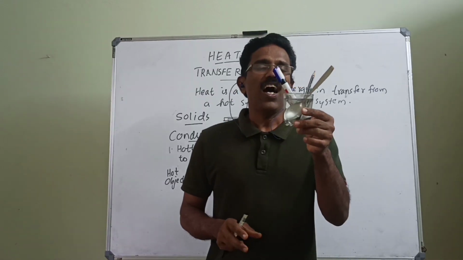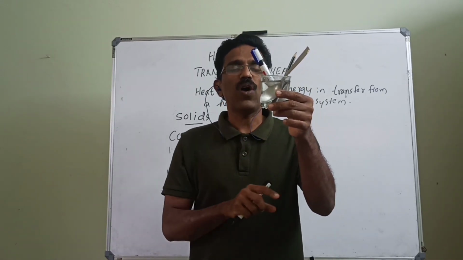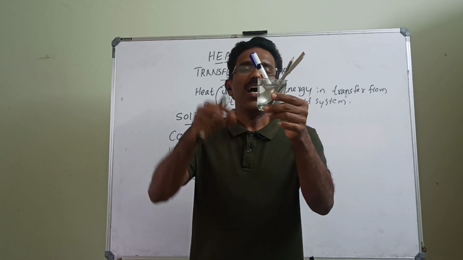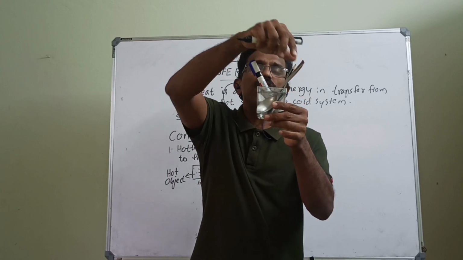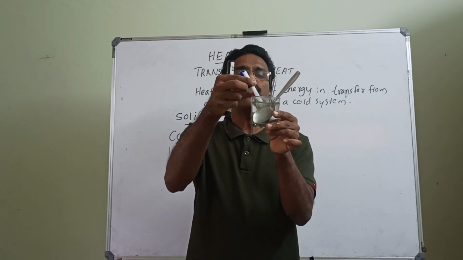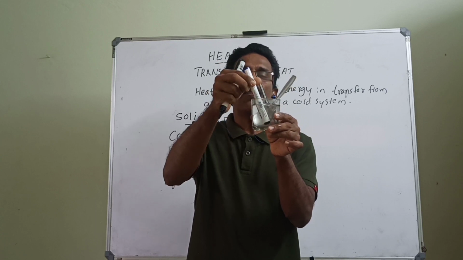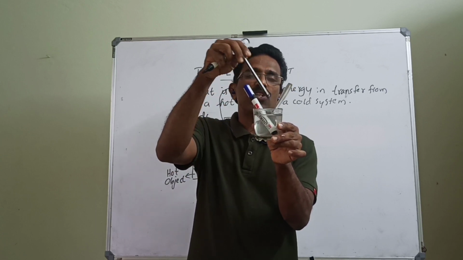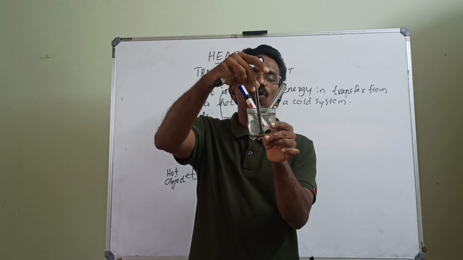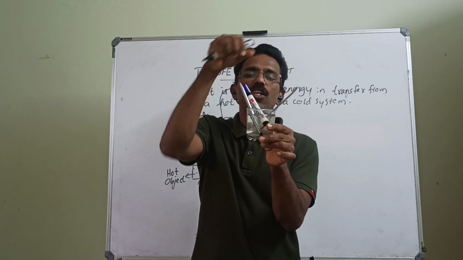See children, I have taken hot water in a glass and I kept three different objects in it. One is an object made of plastic, another is a pencil made of wood, and the third is a steel spoon.